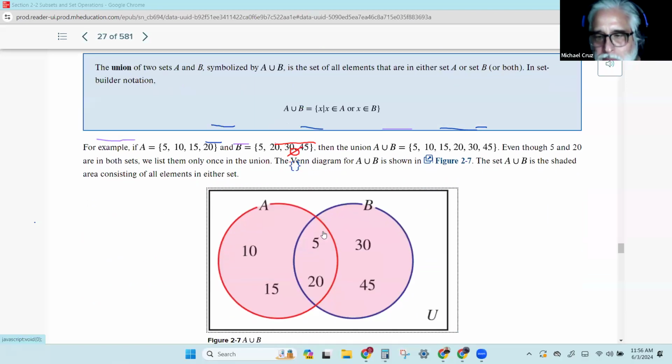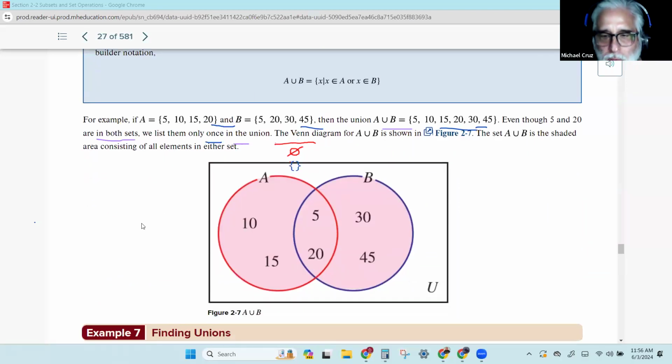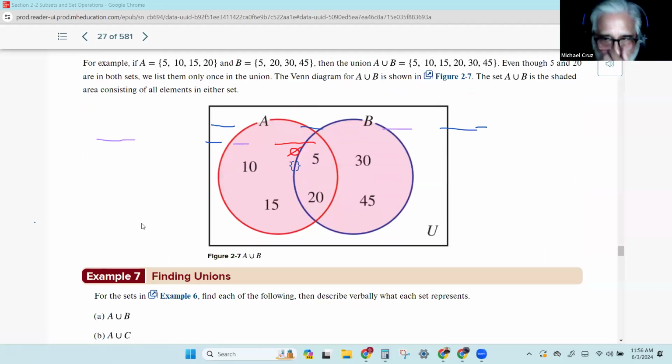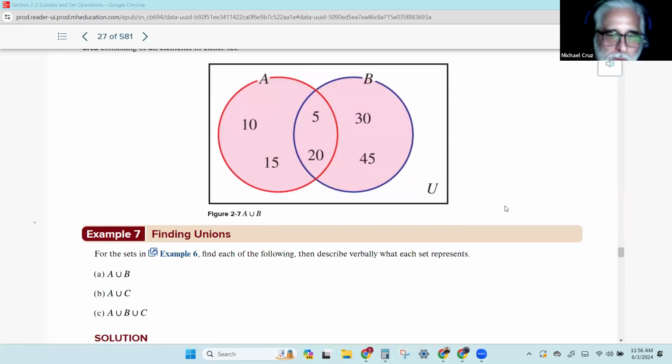Let's look at this with this set. So we got this thing up here. Very similar looking to the other one. Of course, 5 and 20 are in the intersection, but we want the union now. The union.